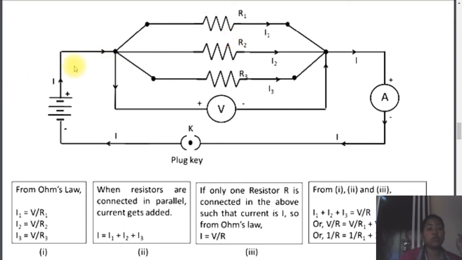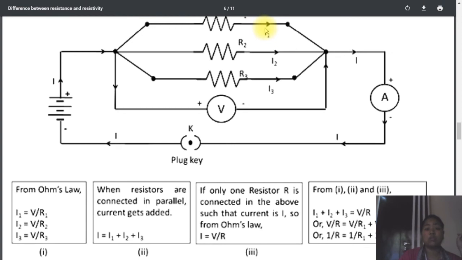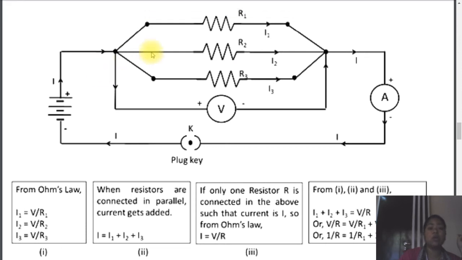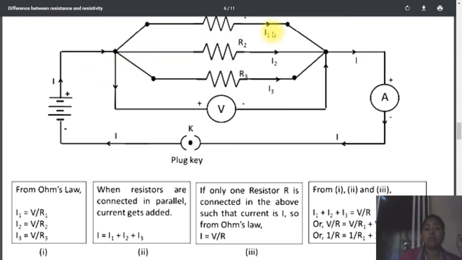The total current is I, and the currents through the resistors are I1, I2, I3. We do not have the value of the total I, we only have I1, I2, I3. So the sum of I1, I2, I3 gives us the total current flowing through the circuit: I equals I1 plus I2 plus I3.